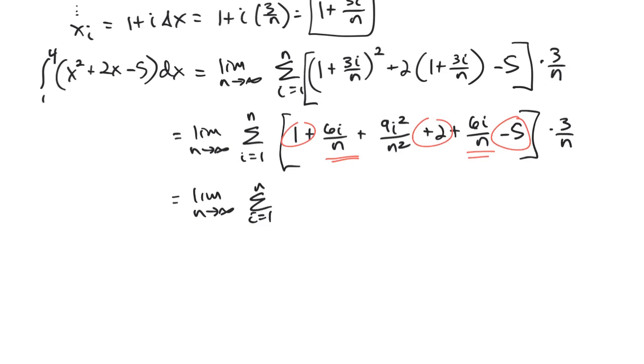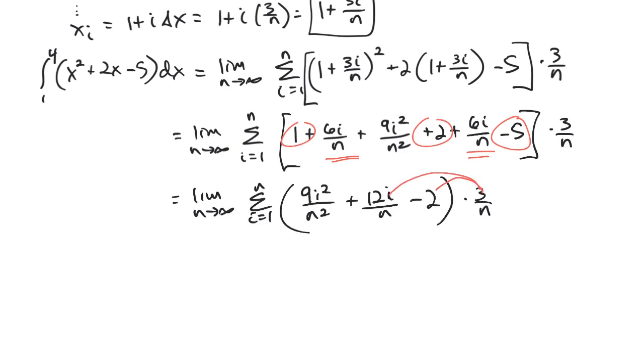So that would give us 9i squared over n squared plus 12i over n. And then we've got minus 2 times 3 over n. So I'm going to distribute this 3 through here.